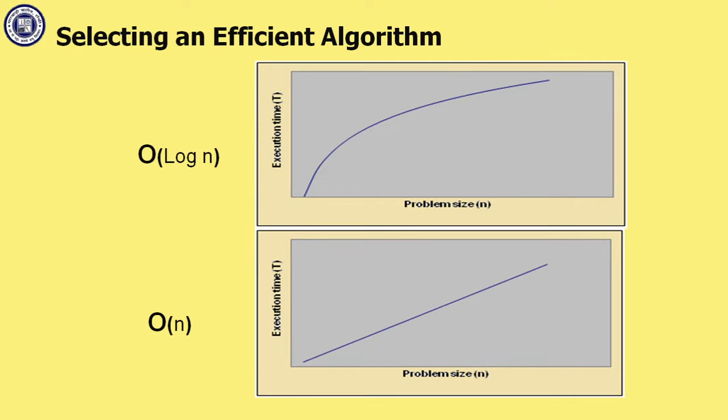The second one, we have the logarithmic graph. As we can see, this graph slightly goes on to become parallel to the problem size, that is parallel to the x-axis, at a given point of time.